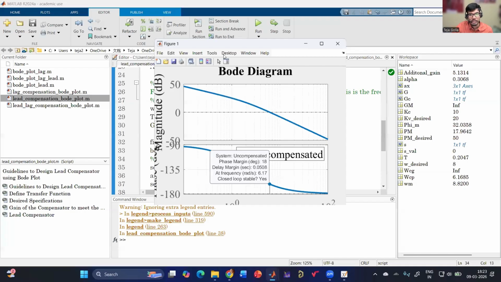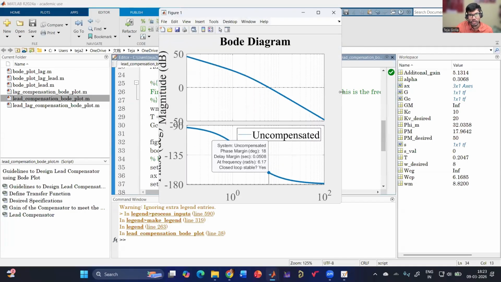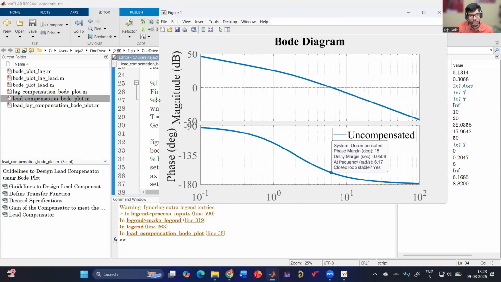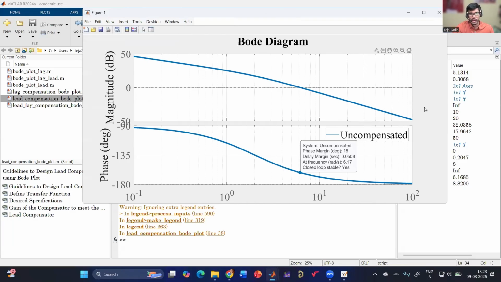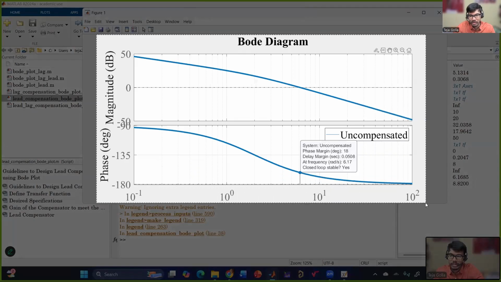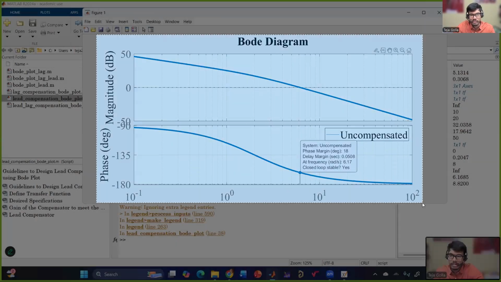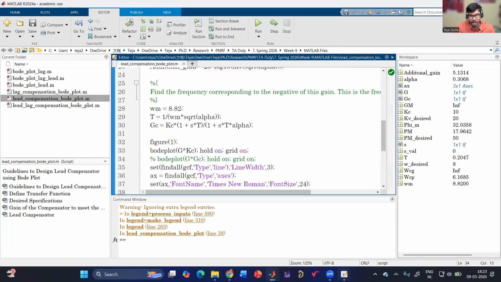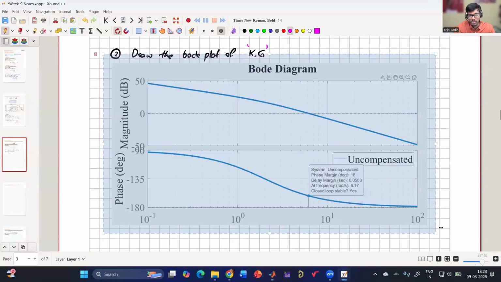So let me consider this plot and take a screenshot. Why I'm doing this, I'll let you know, because these things are very critical. What we are doing and why we are doing it is very important, else you'll not be able to understand what is going on.